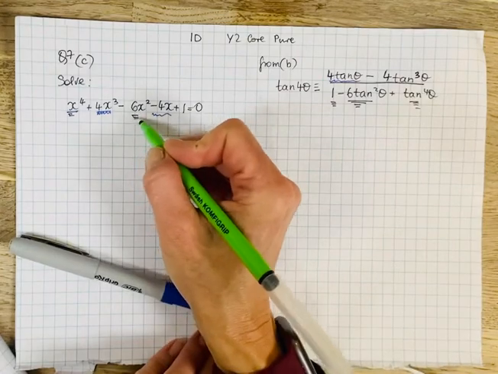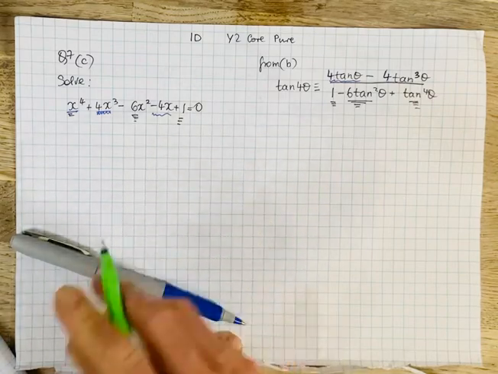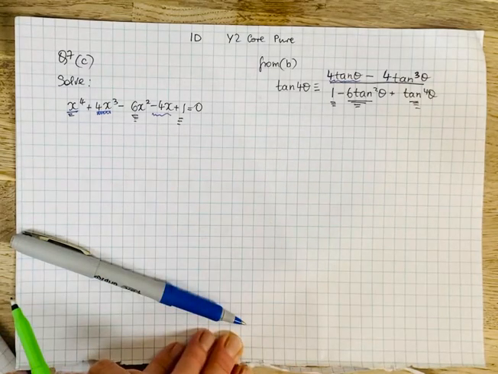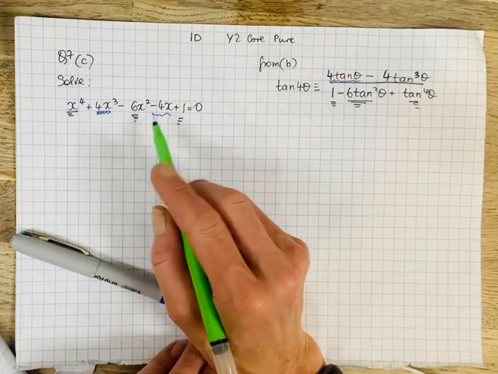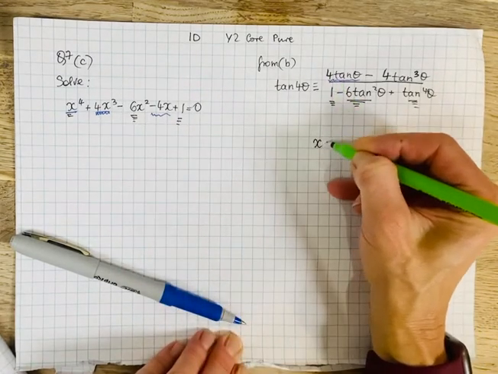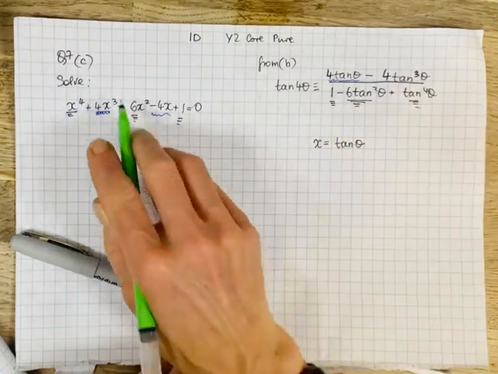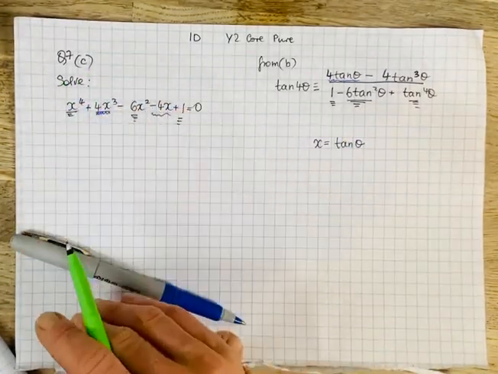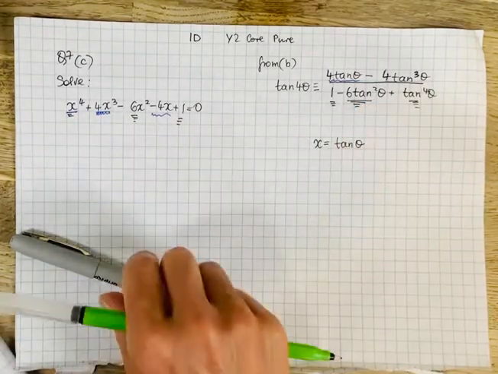You've got minus 6x squared, so that's the same, apart from one has x and one has tans. So there's a lot of similarity. What I'm going to do is work on the principle that I can replace x with tan theta, but I'm going to try and see if I can make this equation look like this fraction.